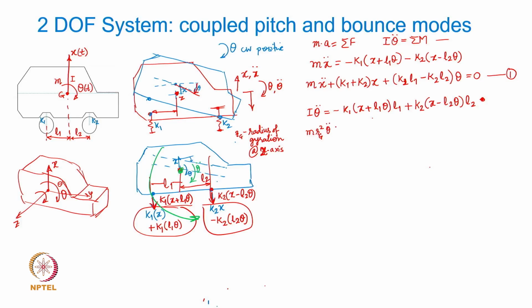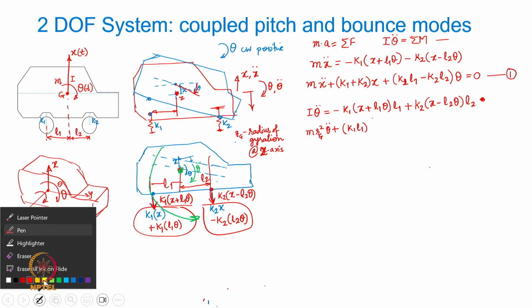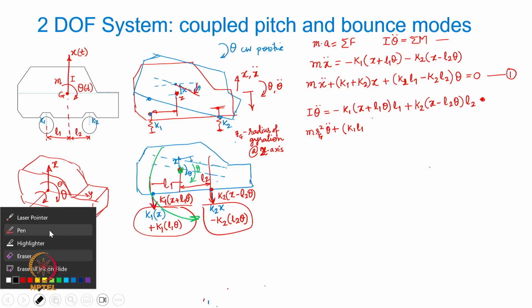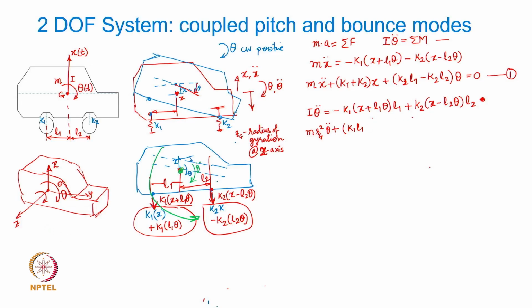theta double dot. Now this will be what? Plus k1 L1. So you can see how you can rearrange the terms here, and so this is going to be minus k2 L2 into x.